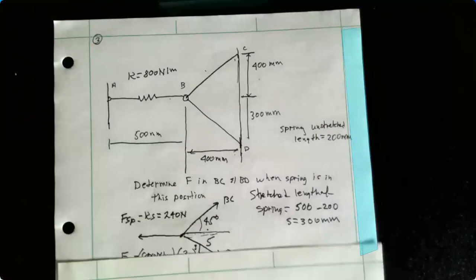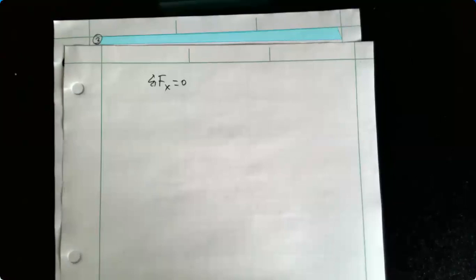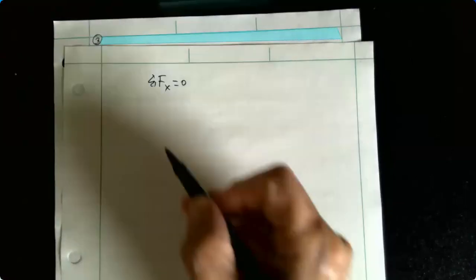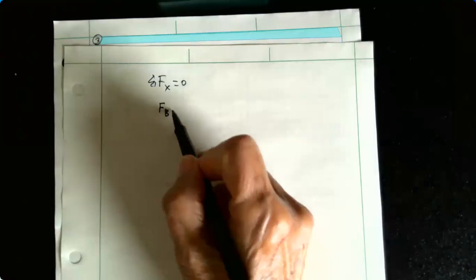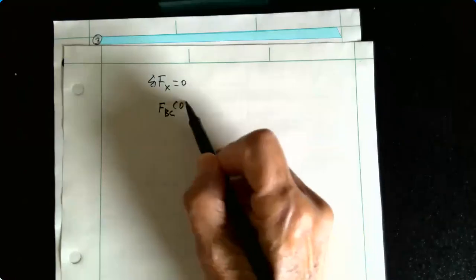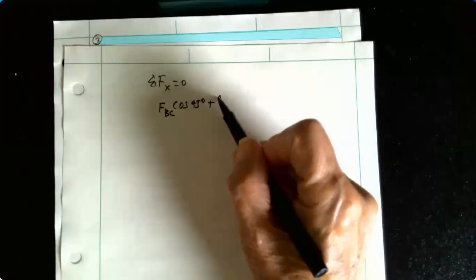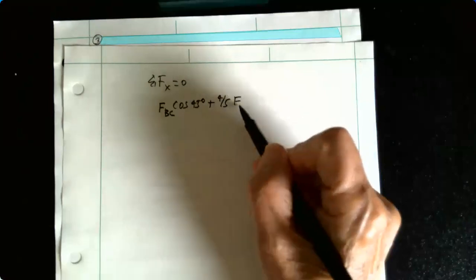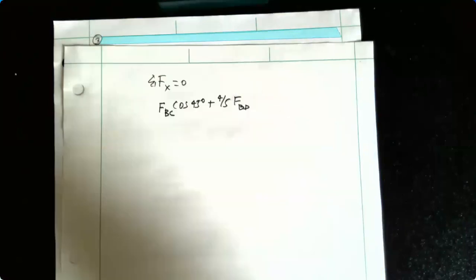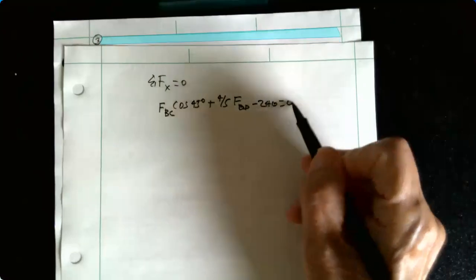So I'm going to write my equation, and the spring is going to be negative. So I have force in BC cosine of 45 degrees plus 4/5 force in BD, and then the spring was a negative direction, so that's minus 240 equal to 0.